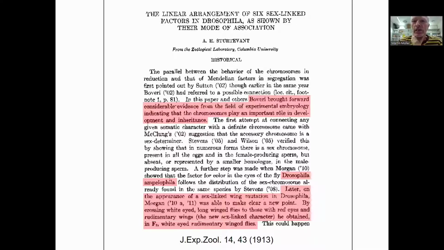So at the end, Sturtevant had an X chromosome on which all 6 recessive markers were present. And he also showed that the recombination frequency between each of them was reproducible, indicating that these 6 factors were arranged in a linear manner.